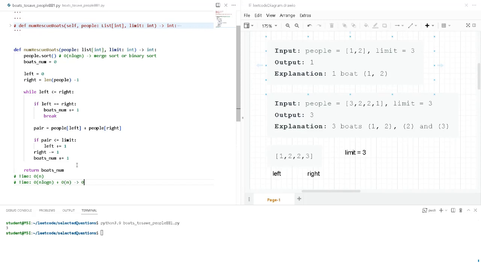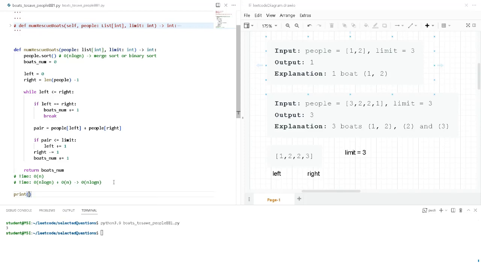But we will pick big O of n log n. The reason is that as the data increases, the steps for sorting are more significant, more important than this while loop. Okay, so that's why we say big O of n log n.